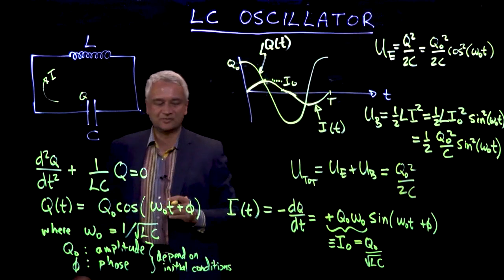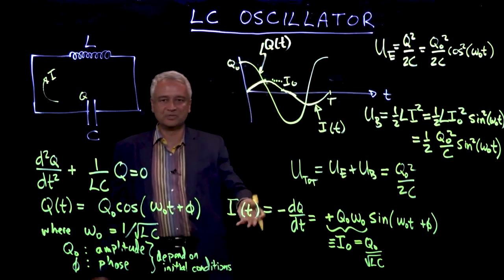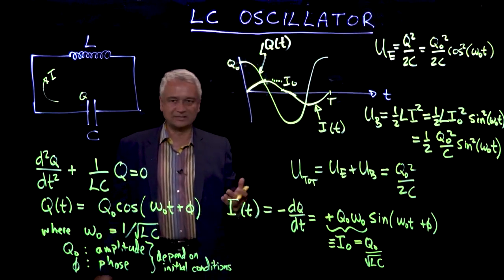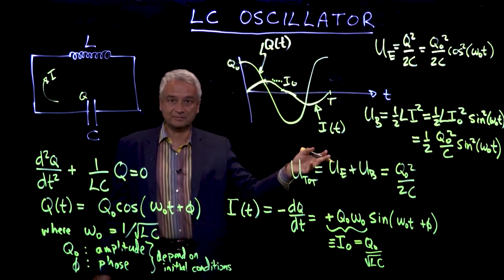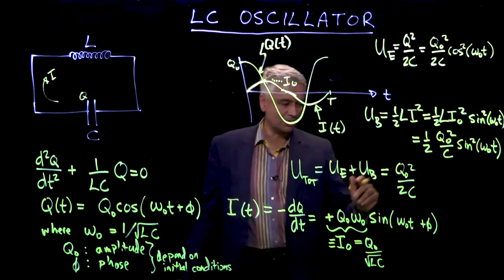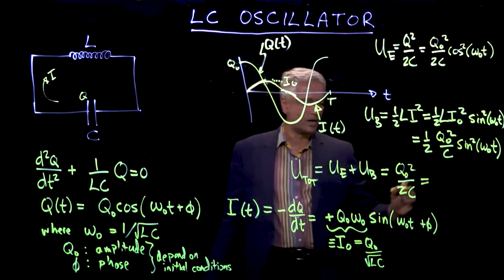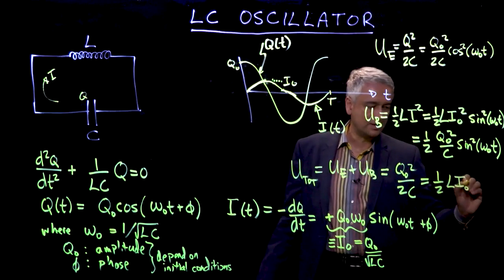So the energy is conserved. Although the magnetic energy is oscillating between 0 and maximum, and the electric energy is oscillating between maximum and 0, their sum is conserved. And in fact, if I want to write it in terms of I naught instead of Q naught, it can also just as well be written as 1/2 L I naught squared.